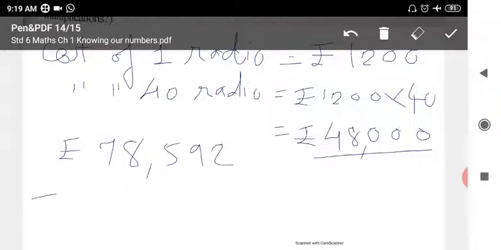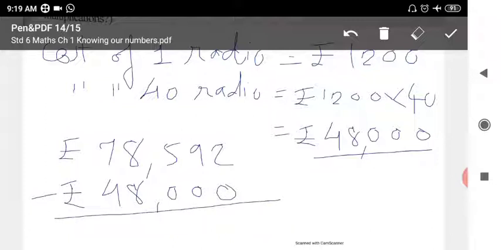Now from this we have to subtract 48,000. Okay, so we'll get the money remaining. 2 minus 0, 2 only will come. 9 minus 0 means 9 only, 5 minus 0, 5 only.